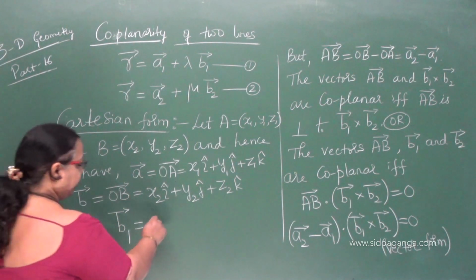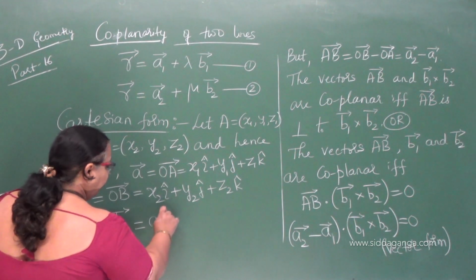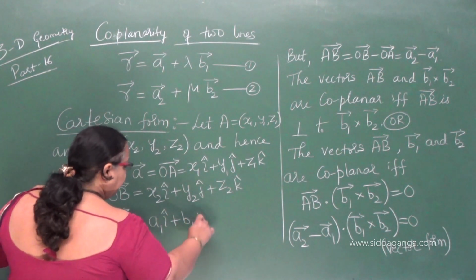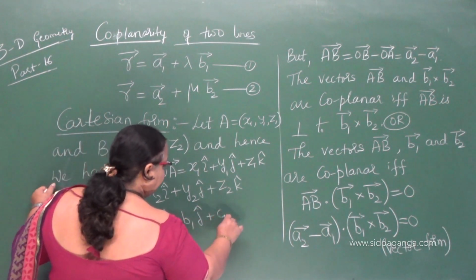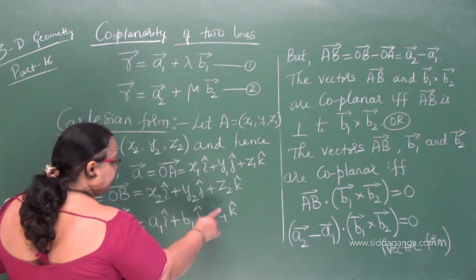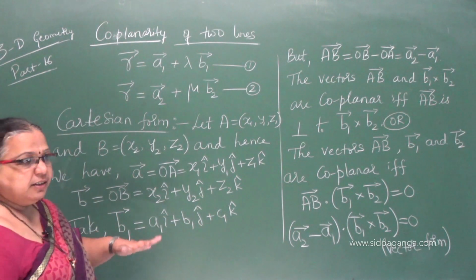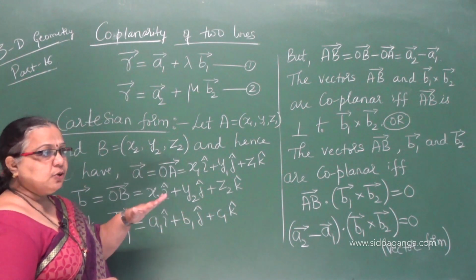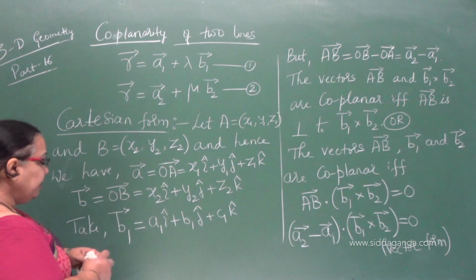For the first vector, a1 into I cap plus b1 into j cap plus c1 into k cap, where a1, b1, c1 represent the direction ratios of vector b1.